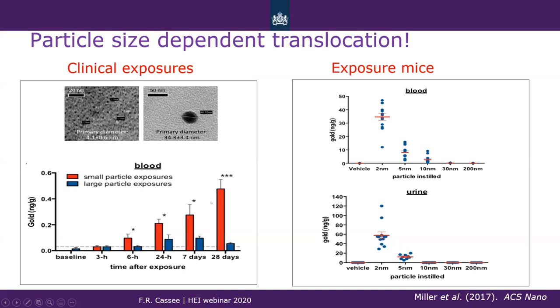You can see that the smaller the size, the higher the chances that the material ends up in the blood pretty fast after the exposure. It's a 2-hour exposure. And when you do similar work in mice, where you can do a larger range of particle sizes, again, you see a particle size dependent translocation into the bloodstream, illustrating that size may be an important factor in understanding why certain particles are more toxic than others.